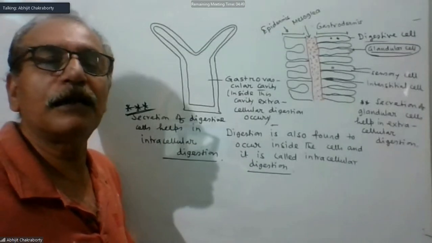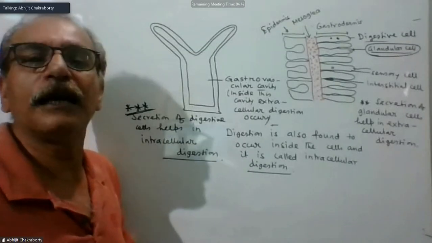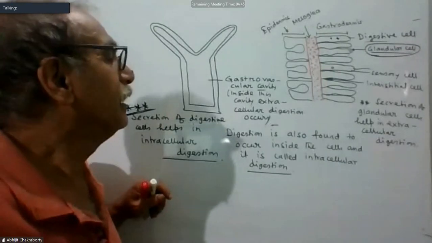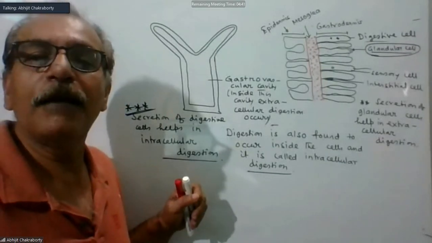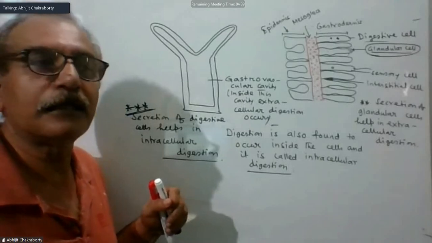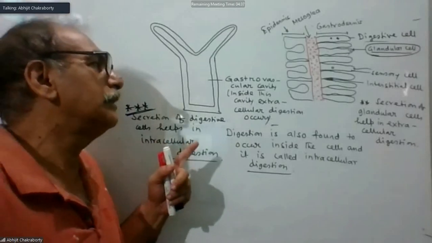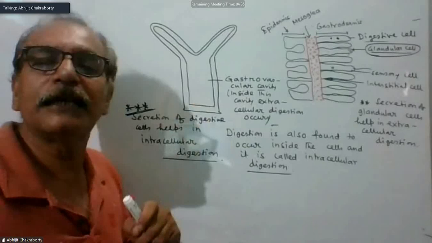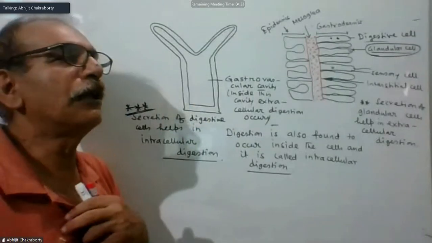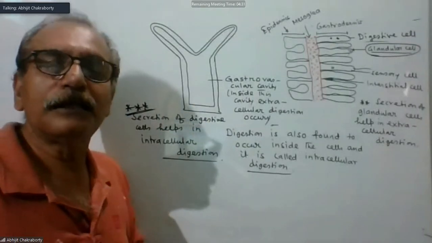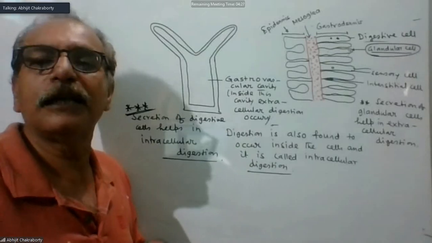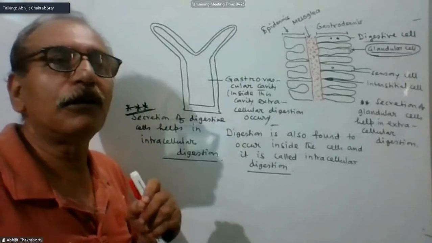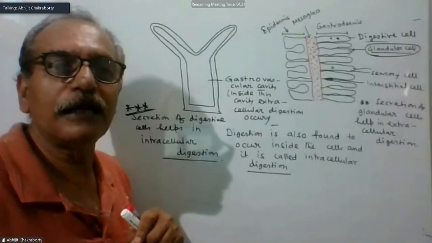Secretion of glandular cell helps in extracellular digestion, whereas secretion of digestive cell helps in intracellular digestion. When digestion occurs inside the cavity, not inside the cell, then it is called extracellular. Suppose in our case, digestion occurs inside the stomach and intestine, and you can call it extracellular digestion.